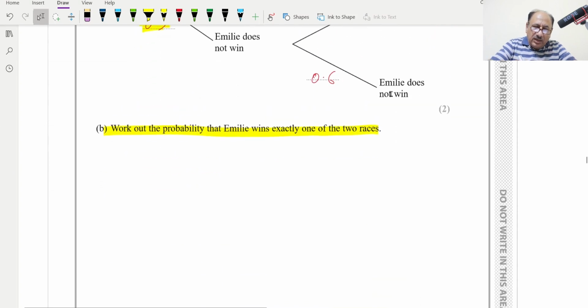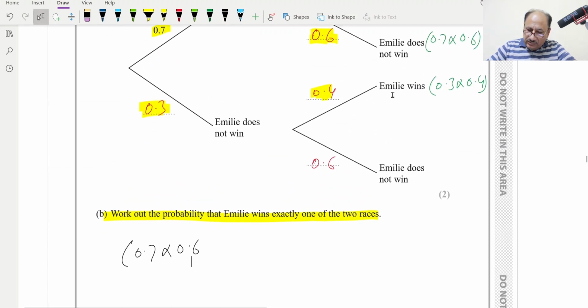So we can write over here, this will be 0.7 multiplied by 0.6, which we have written over here, and the second one will be plus 0.3 multiplied by 0.4.